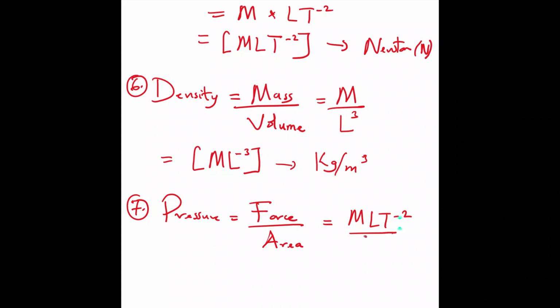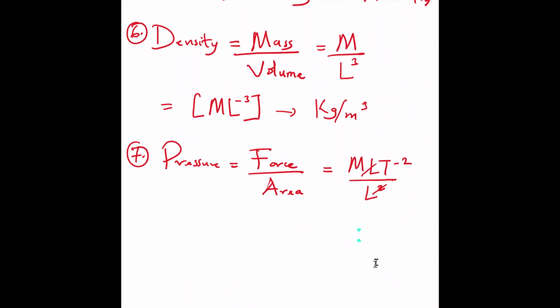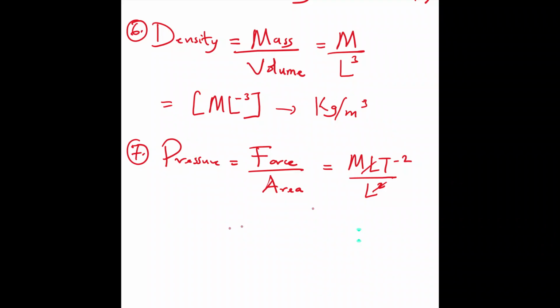And the one that we got for area is L squared. Okay, so what I will just do is cancel L here. So if we bring this one out, that will be L raised to power minus 1 T raised to power minus 2. Okay, so this will be the derived quantity for pressure.